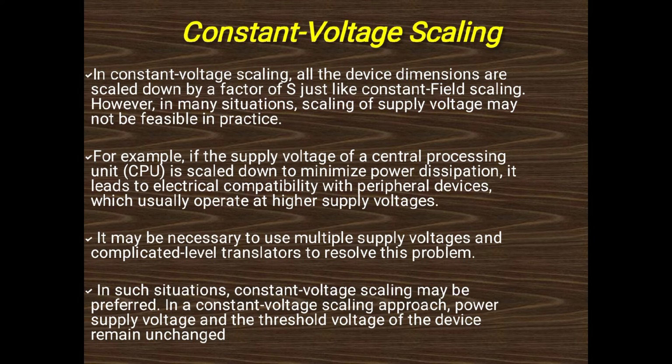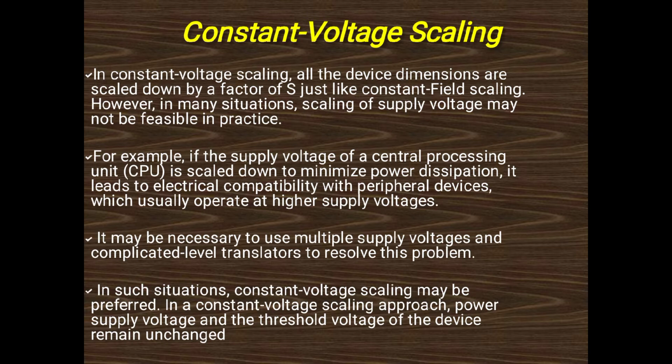In the constant voltage scaling approach, the power supply voltage and threshold voltage of the devices are maintained at a constant value. Previously, in the constant field scaling approach, both the supply voltage and the threshold voltage were reduced to some extent to keep the power dissipation very low. But in such situations, some drawbacks were found in that method, and for that purpose we come to constant voltage scaling.